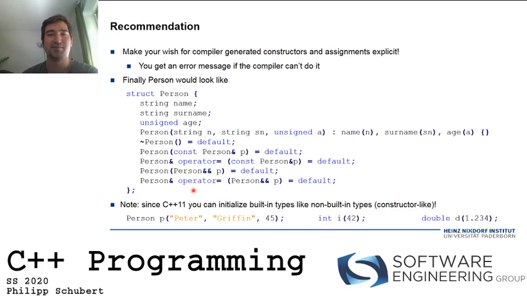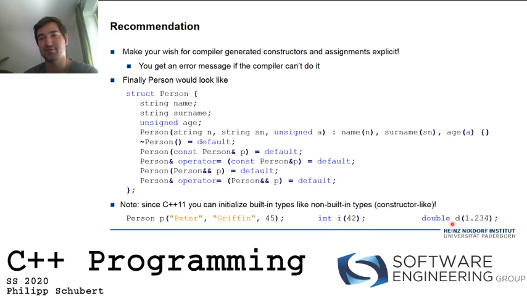What does it mean? That means that you can, of course, initialize a variable p of type person by using its constructor as defined in this line. And you can also initialize an integer variable i by just using the parentheses rather than an assignment operator, and have it initialized to 42.